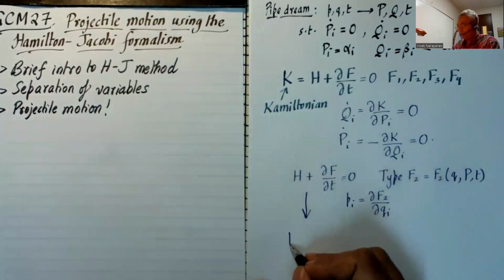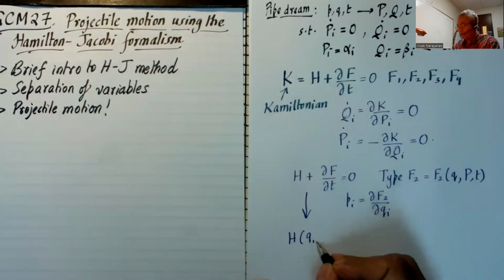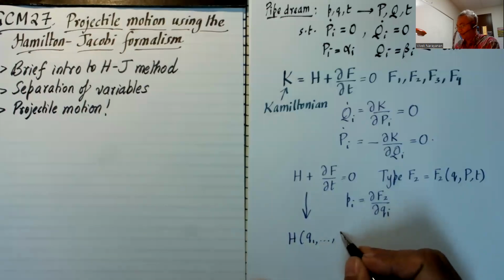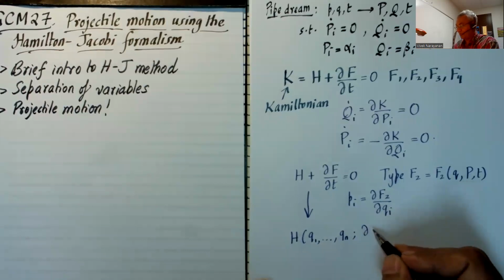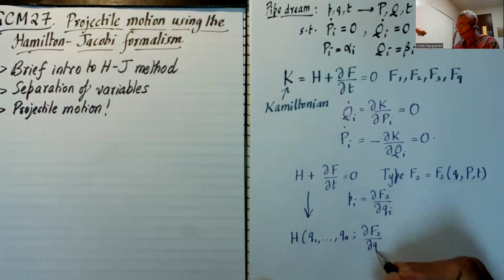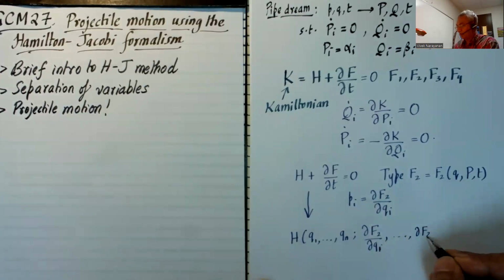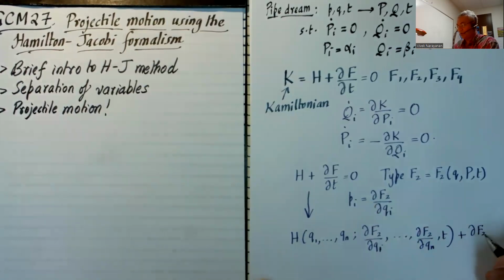We can write this as H of q_1 up to q_n, and, instead of writing the p's, the partial derivatives of F2 with respect to q_i, for q_1 all the way up to q_n, and possibly of time, plus del F2 by del t equal to 0.